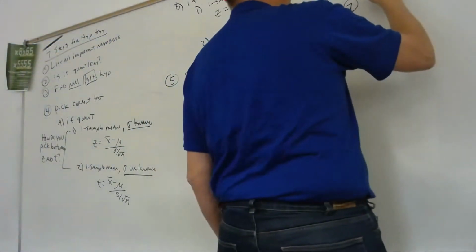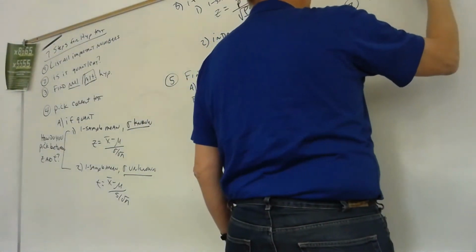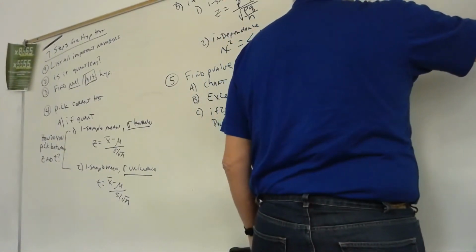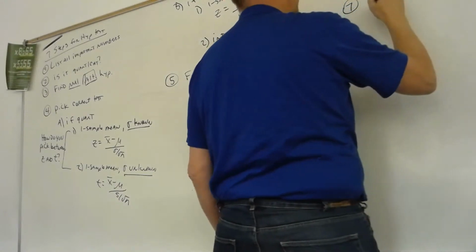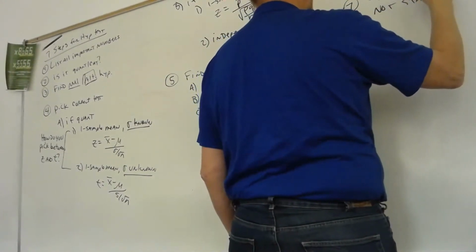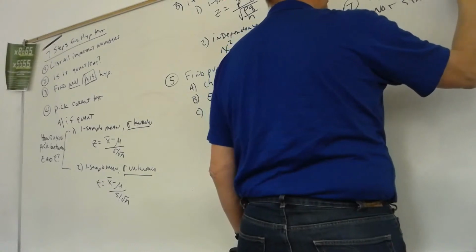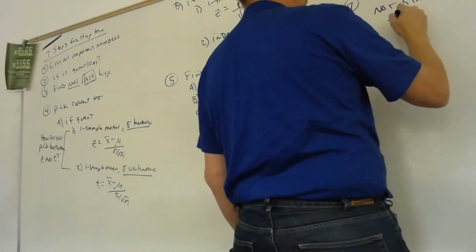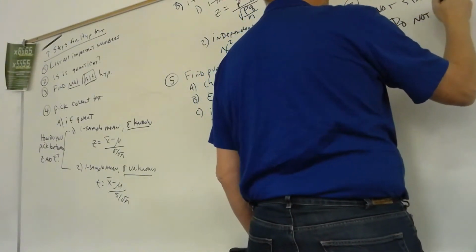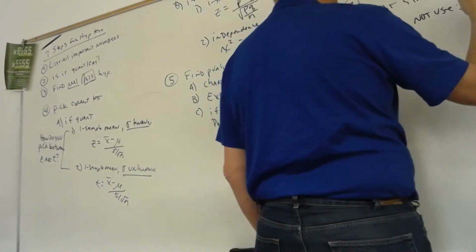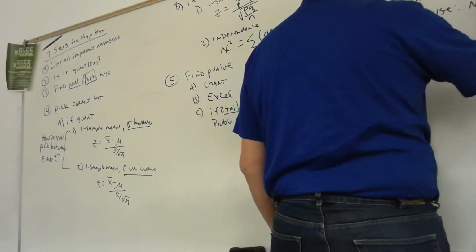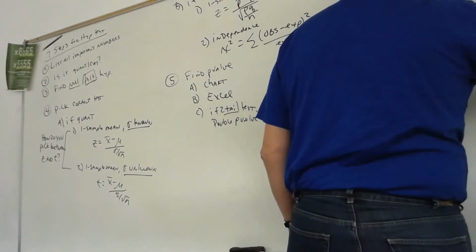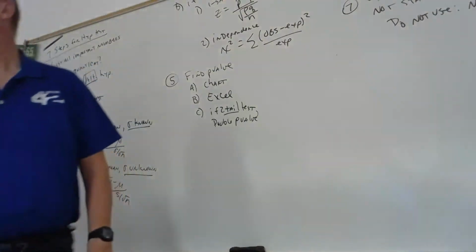And then step number 7 is what? Write the conclusion in English, not statistician. Which means for your conclusion, do not use the following words: null, reject, or hypothesis. Or accept.